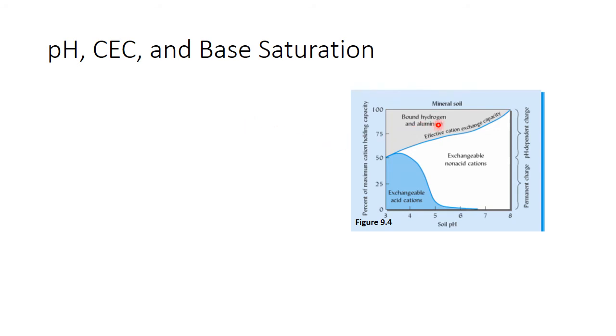As we have more aluminum and more hydrogen taking up binding sites and making them no longer available to be used for cation exchange, we are decreasing what we call the effective cation exchange capacity. So let me explain this figure a little bit.